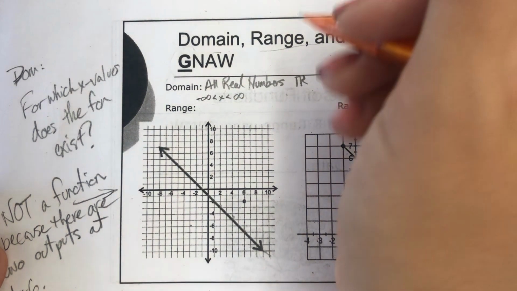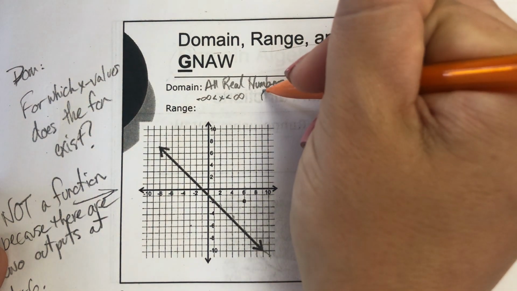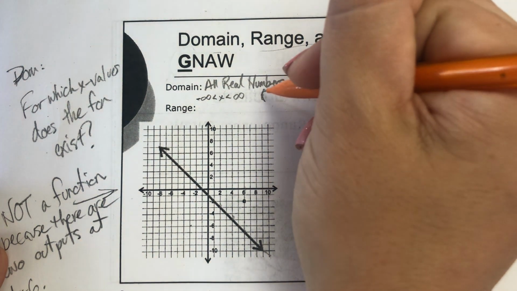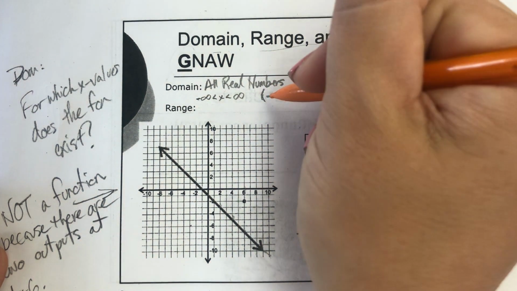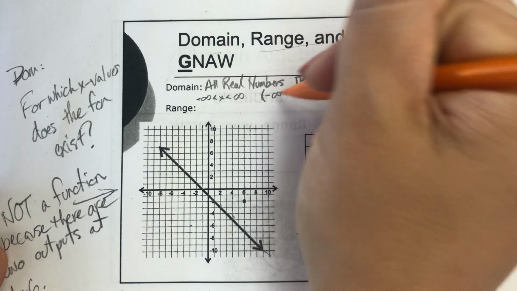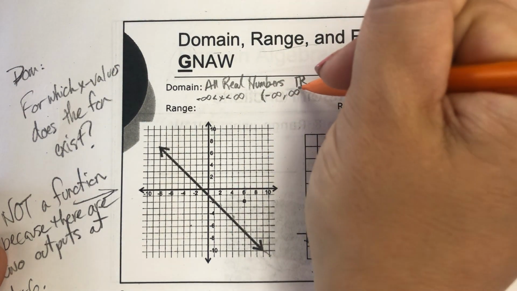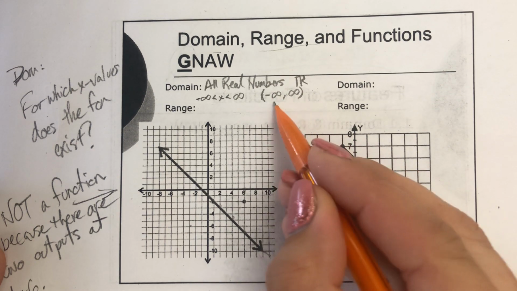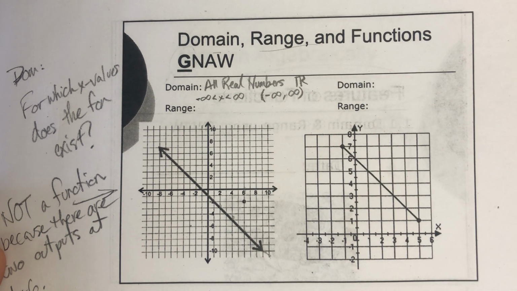And the 4th way is interval notation. So if you're not equal to, in interval notation, you use parentheses. I'll go over this in a minute, more about interval notation. So this basically says you go from -infinity to infinity and all of the values in between. All right, so that's the domain.